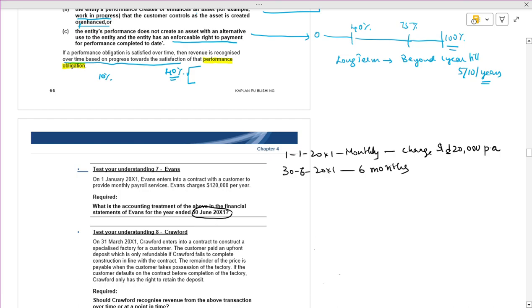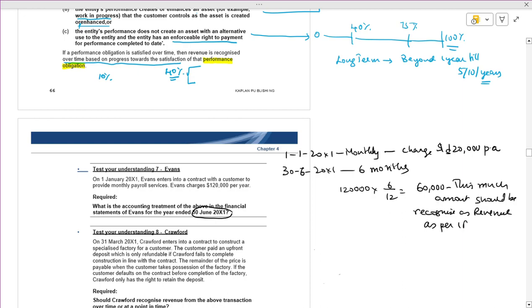If that is the case, it is very simple. 120,000 times 6 by 12 comes to 60,000. This much amount should be recognized as revenue as per IFRS 15.